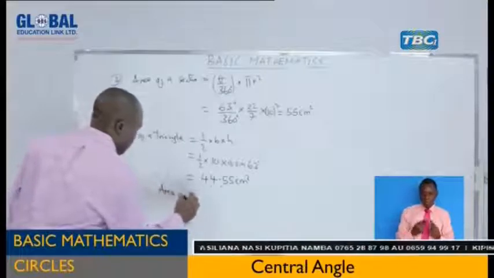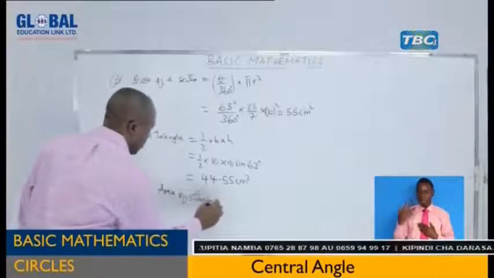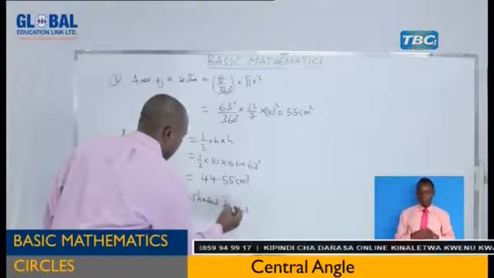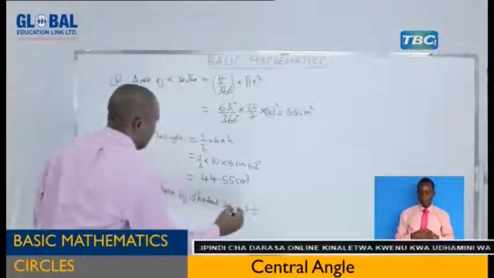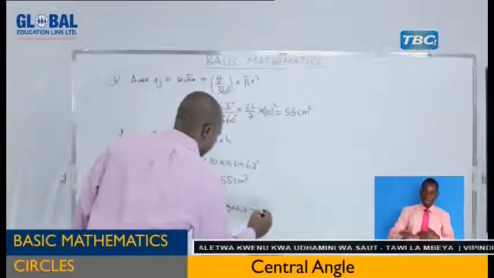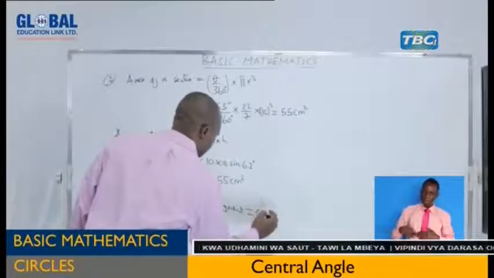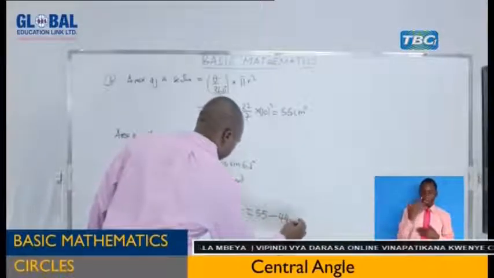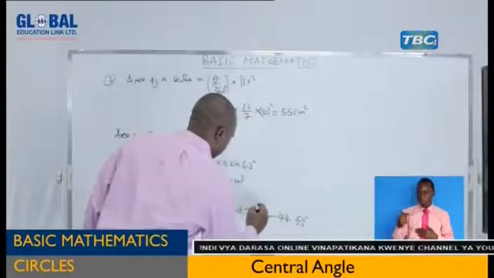Now the area of the shaded segment is the same as 55 minus 44.55.